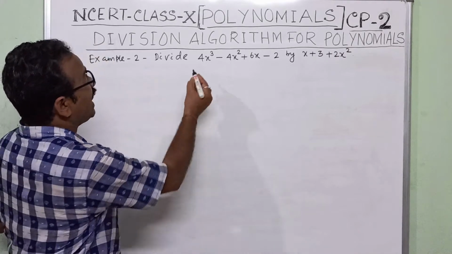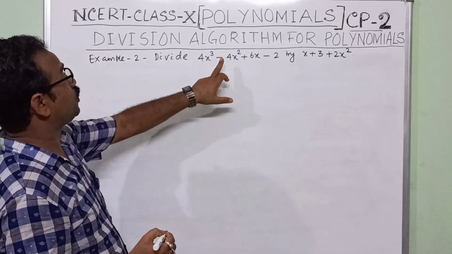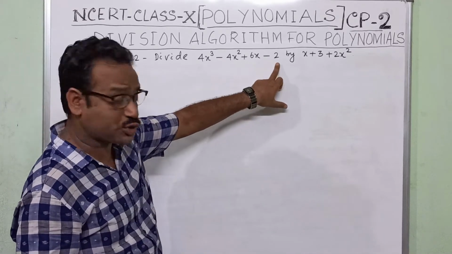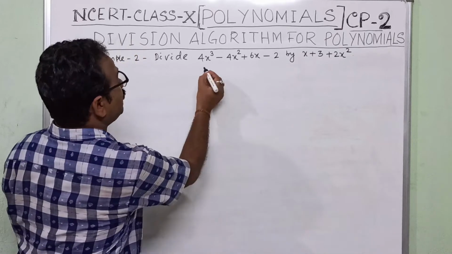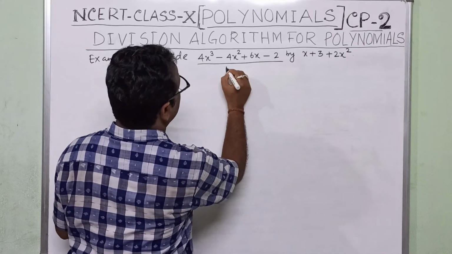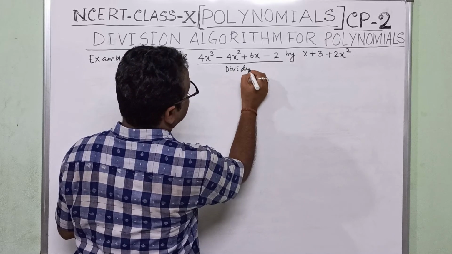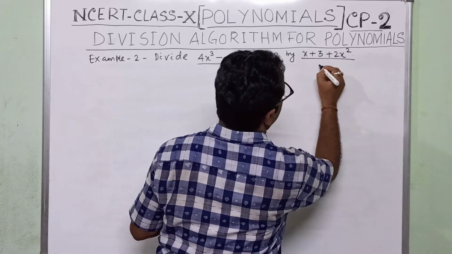Example number 2. Divide 4x cube minus 4x square plus 6x minus 2 by x plus 3 plus 2x square. So definitely this is your dividend, this is your divisor.